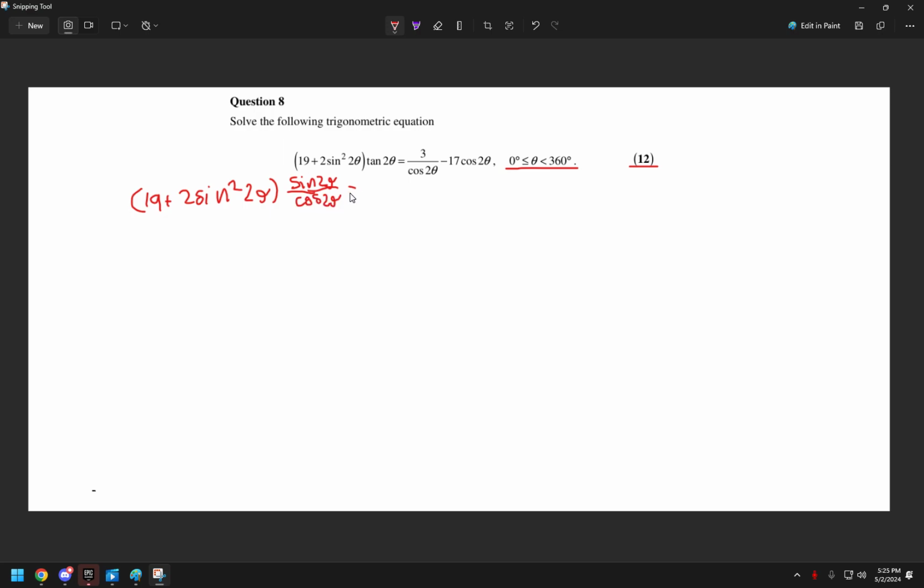This would be easier because now you can multiply out the cos 2 theta from this side over to the other side, get rid of this, and make this a 17 cos squared 2 theta. So you would start by doing that, right?